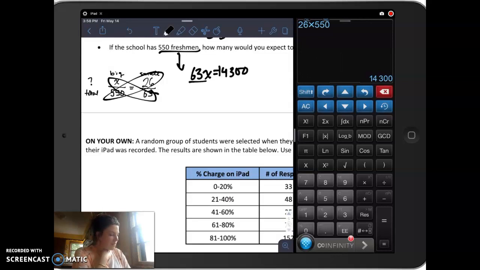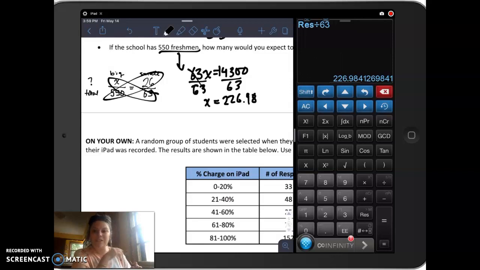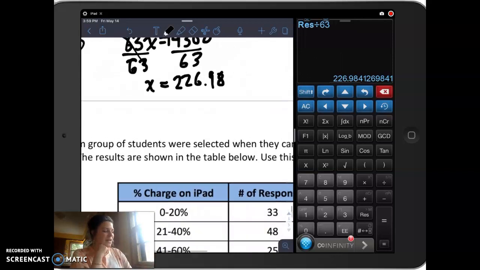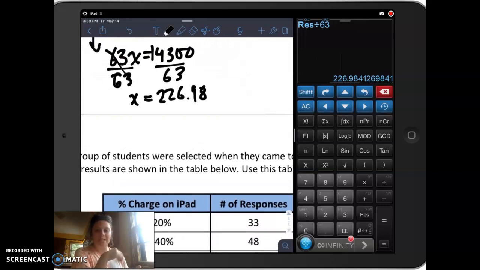And then we divide by 63 on both sides because we want 1x, not 63 x's. So we divide by 63, 226.98. And since we're talking about humans, freshmen, we're going to round that up because it's 0.98. So we'll round up to 227 freshmen.